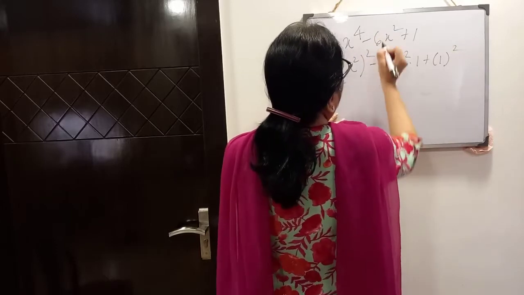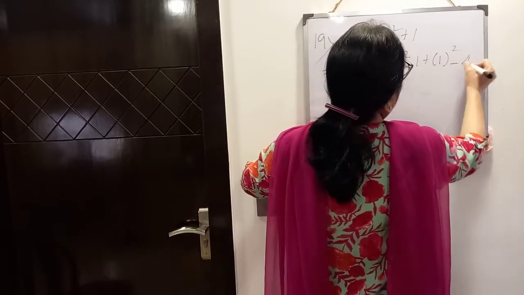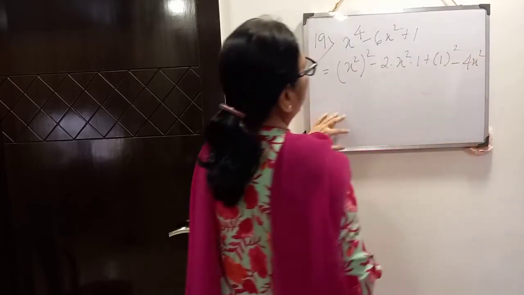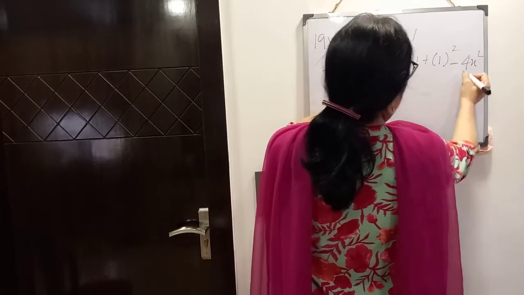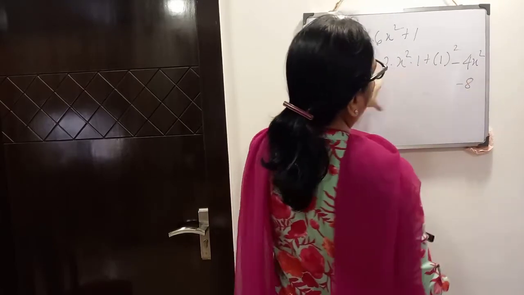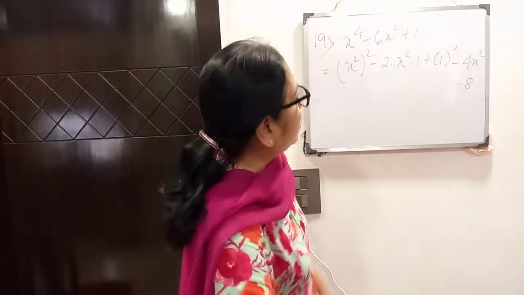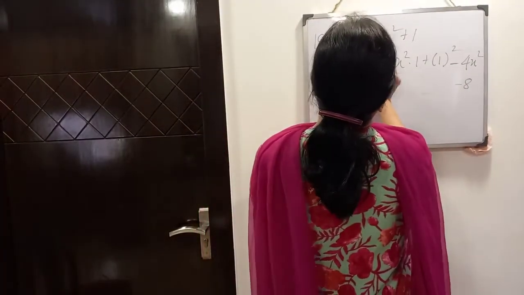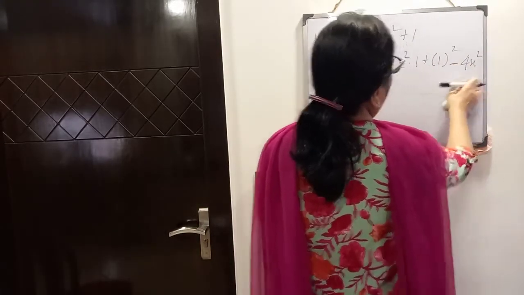From 6x square, I have taken 2x square, so minus 4x square is left. Now why I have not taken here plus? If I take plus 2, then I have to write here minus 8. But 8 cannot be expressed in the form of whole square. Clear? So we have to take here minus, so that minus 4 is coming. Minus 4 means 2 whole square.